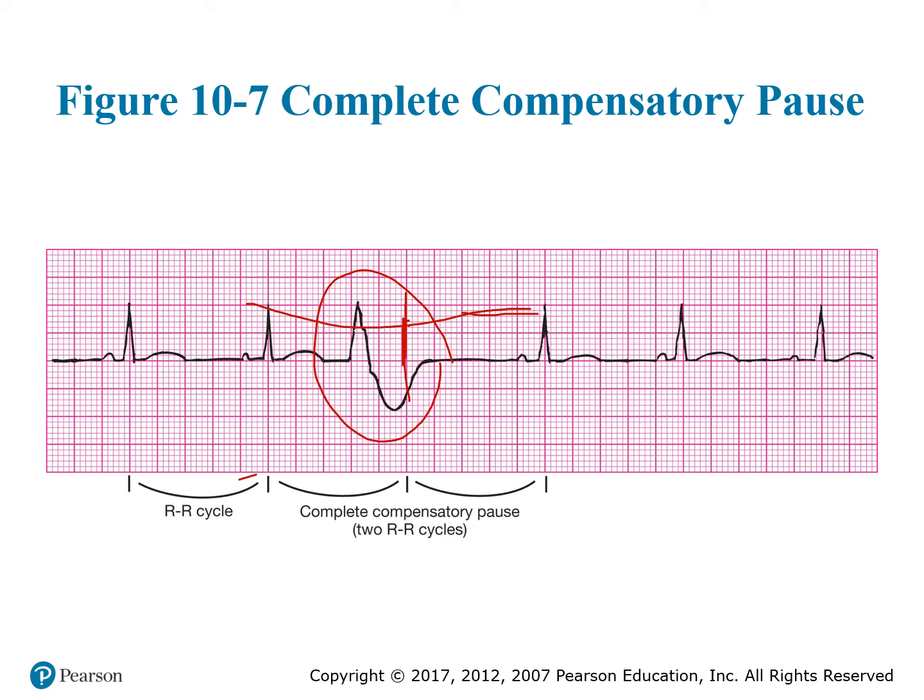That's what we call a complete compensatory pause, because if we take the PVC out and replace it with a regular R to R interval, we'll see it would have pulsated out if the PVC hadn't appeared.